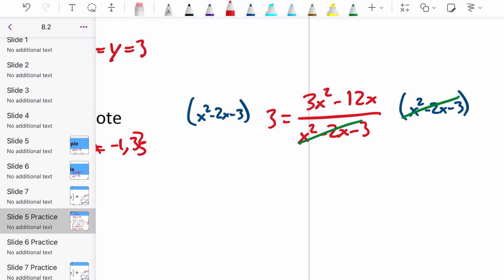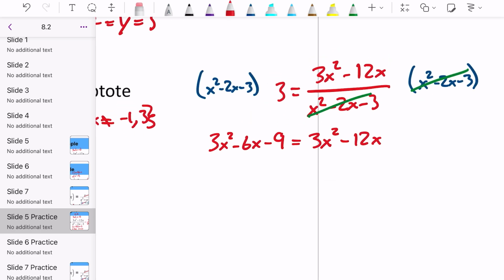We are left with 3x squared minus 6x minus 9 is equal to 3x squared minus 12x. We're going to bring our terms all over to one side. So we are going to subtract 3x squared and add 12x.